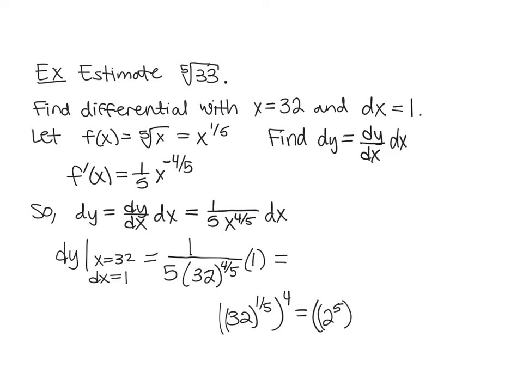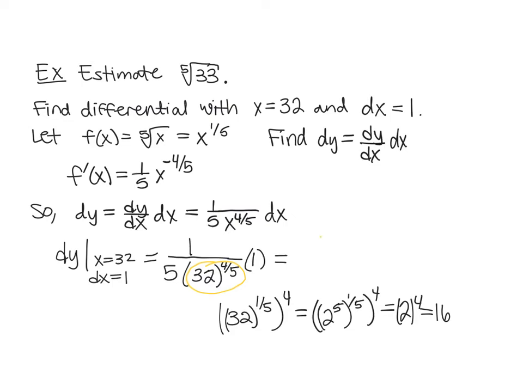And then when you raise that to the 1/5, you have an exponent to an exponent. So you multiply, so you get 5/5. That just gives you 2. So we got 2 to the 4th, and 2 to the 4th is 16. So this whole value, 32 to the 4/5, is really just 16.